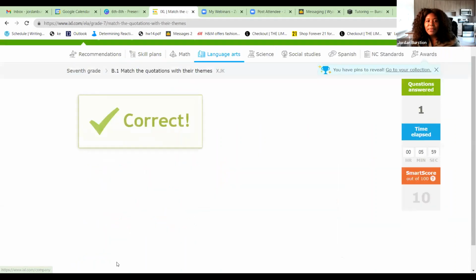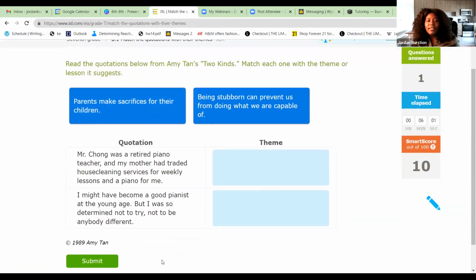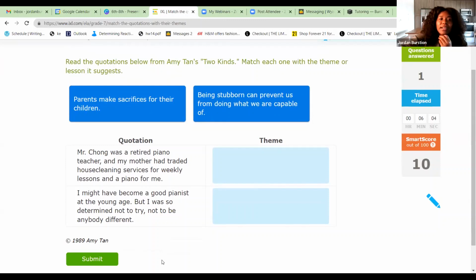I think we have time for about one more. I'm going to be quiet and let you all work on this on your own, and you can type in the chat which lesson goes with which quotation.